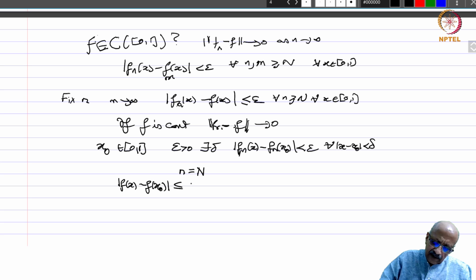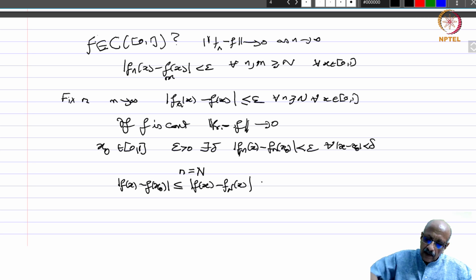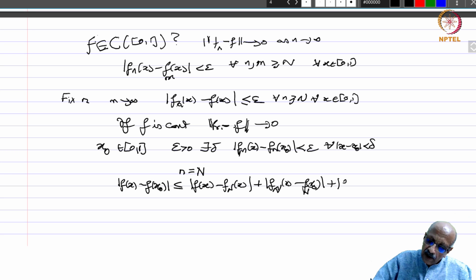I am going to write this as |f(x) - f_N(x)| plus |f_N(x) - f_N(x naught)| plus |f_N(x naught) - f(x naught)|.